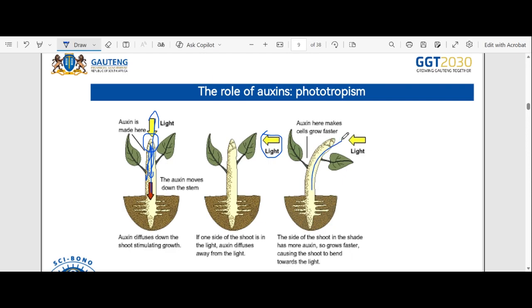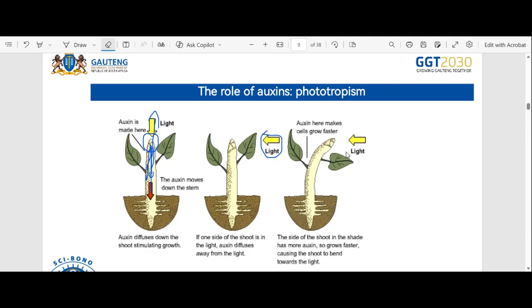You see that the stem is bending towards the light, right? The stem bends towards the light because the auxins are now concentrated on the left hand side, or the darker side. So the darker side will grow faster than the lighter side. I hope that makes a lot of sense.